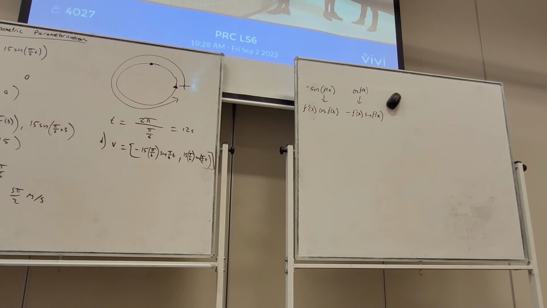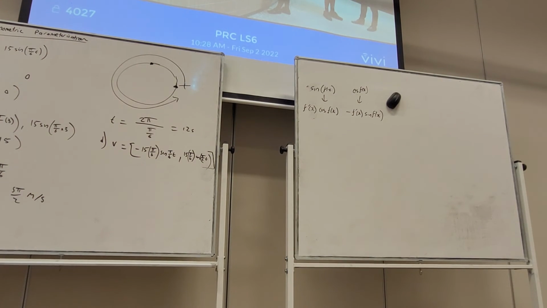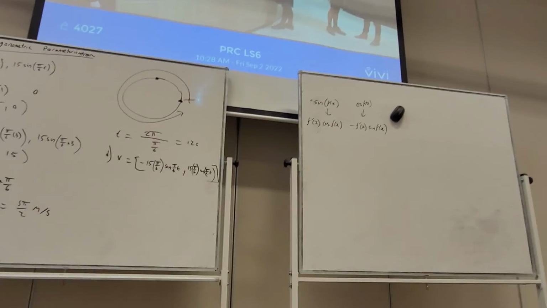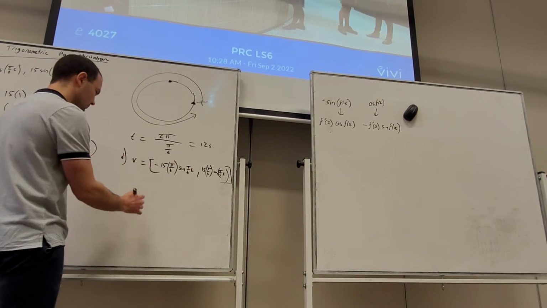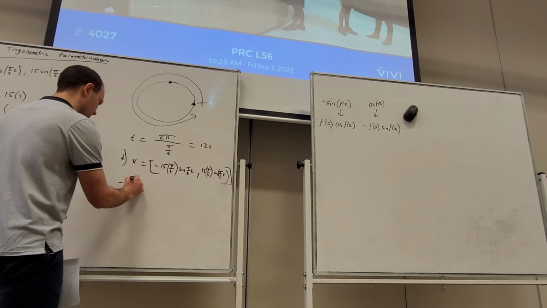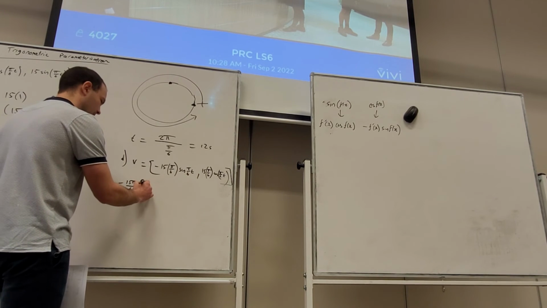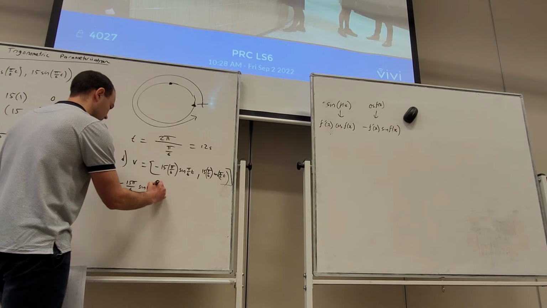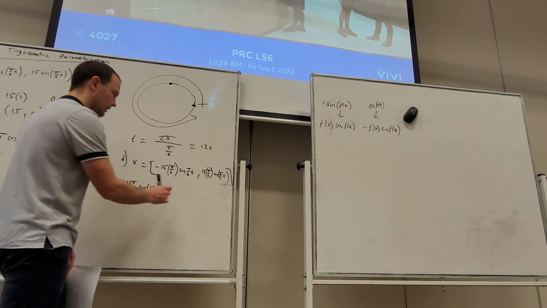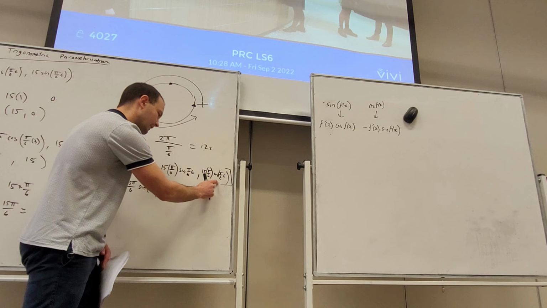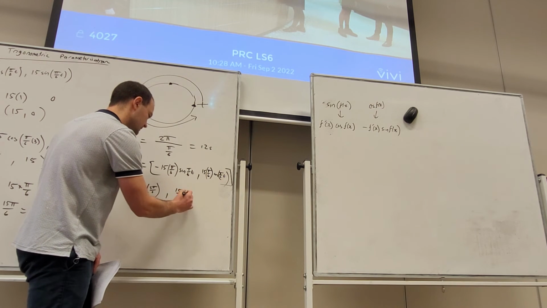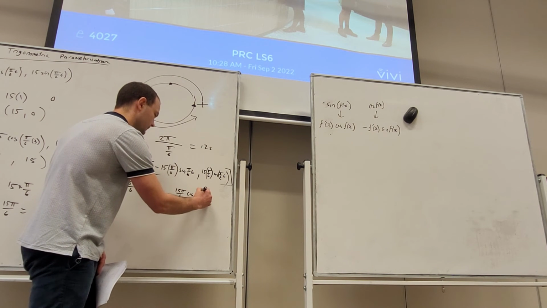We're interested in the velocity when time is 5. T is 5 seconds. So when we substitute 5 in there, we're going to have minus 15 pi on 6 sine of 5 pi on 6. That's the x component, the horizontal component. Then the y component is 15 pi on 6 cos of 5 pi on 6.